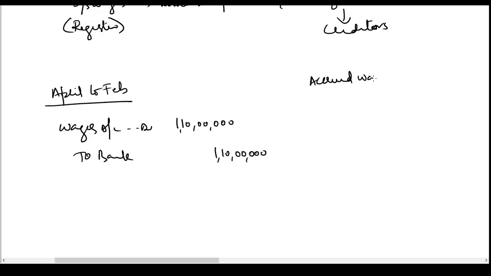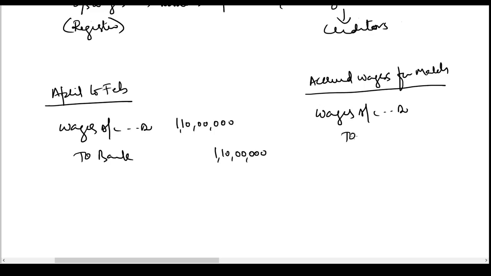Accrued wages for March. So what is the entry I pass for this? Wages account debit to outstanding wages account, or you can even use the word accrued wages account, 1 crore 10 lakh.